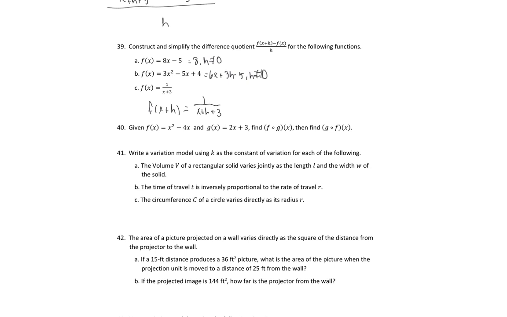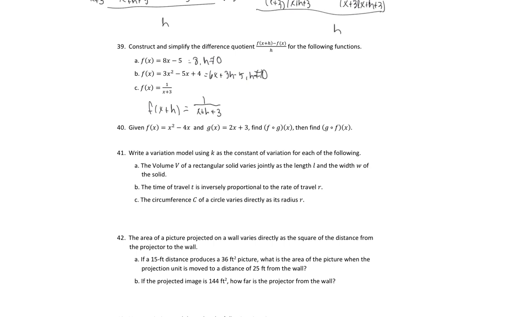So I'm going to multiply the top and the bottom of this one by x plus 3 over x plus 3, and this one by x plus h plus 3 over x plus h plus 3. So what I get is x plus 3 over x plus 3 times x plus h plus 3, minus x plus h plus 3 over x plus 3 times x plus h plus 3, all over h.